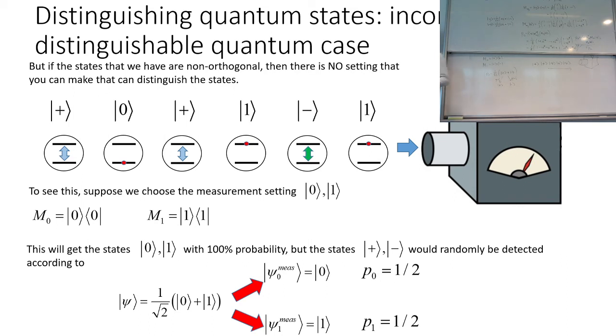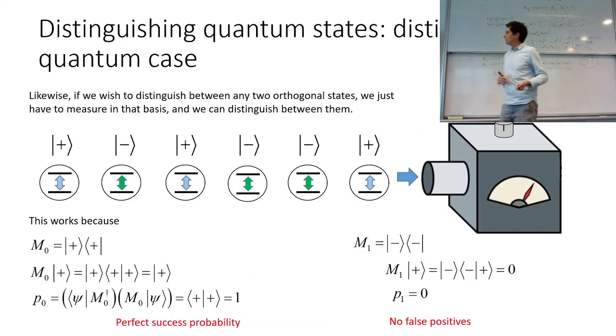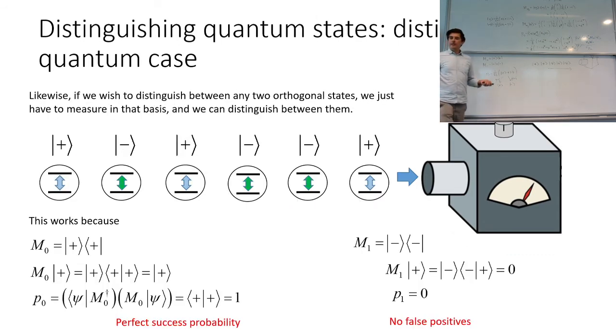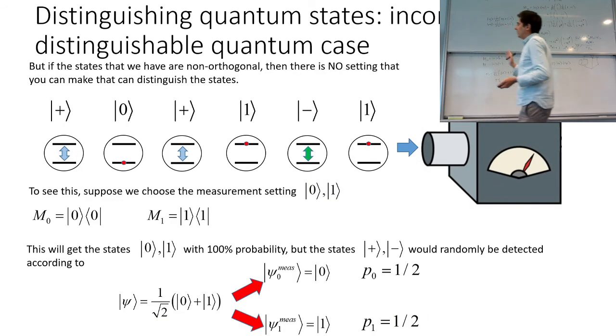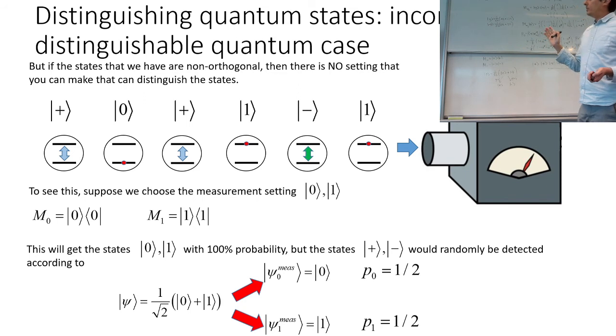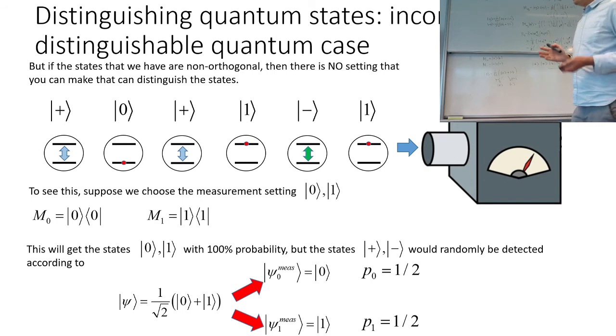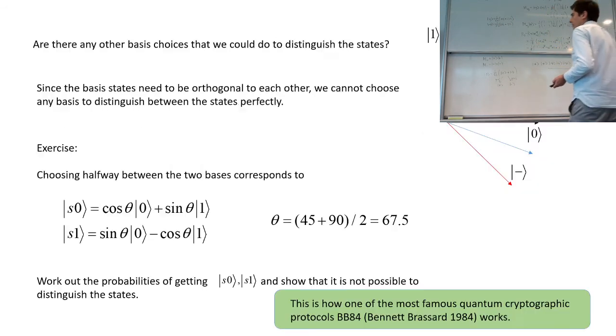The thing that allowed me to distinguish the states was the fact that, whether it's plus or minus or 0 or 1, these are orthogonal states, right? But plus and minus are orthogonal, but they're not orthogonal to 1 or 0.